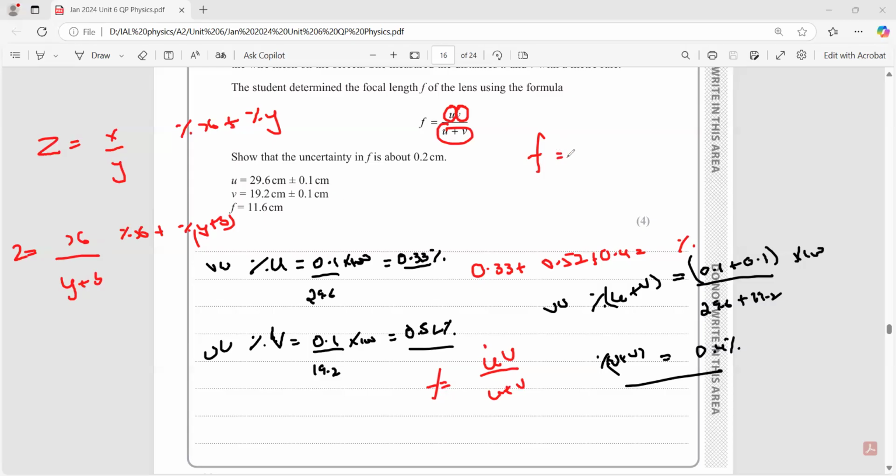So this will give us the percentage uncertainty in F. This is a focal length, so we work out 1.3%.